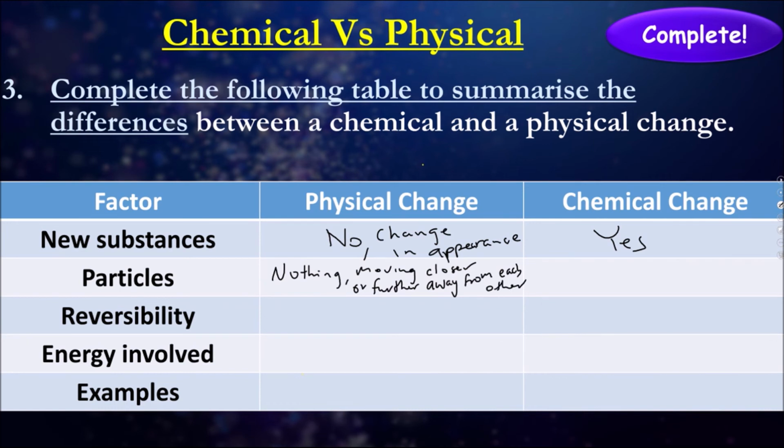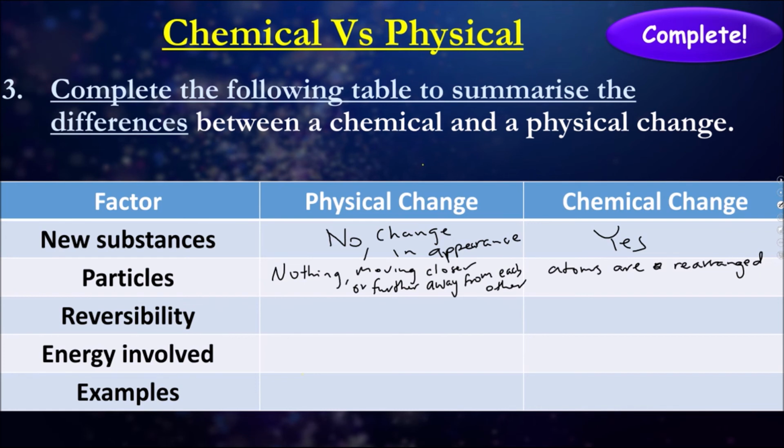What about the chemical change? Well, in a chemical change, the atoms are rearranged. So they're no longer in their original position. They're swapped with another atom. They might have a different kind of bonding, or they might be by themselves. That's what we mean by rearranged.